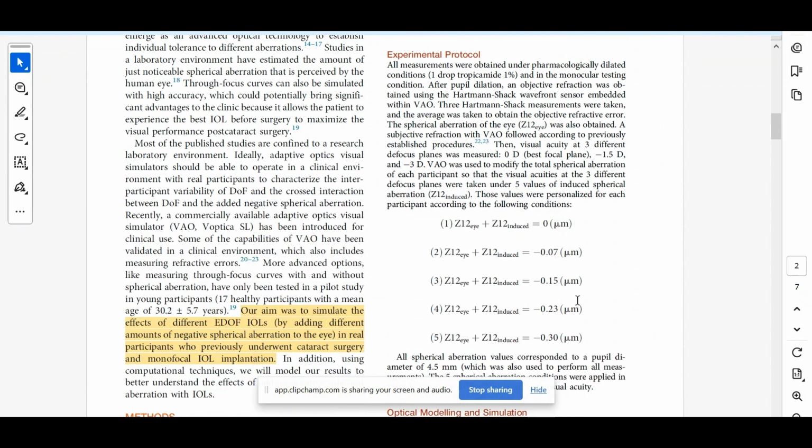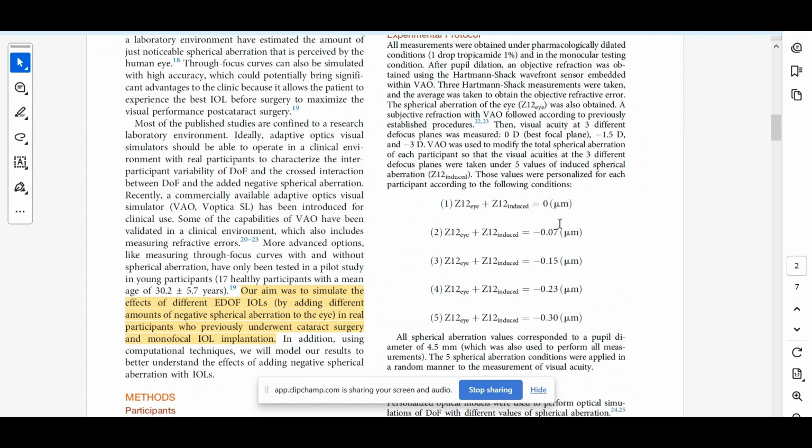So in this study, in terms of total ocular spherical aberration, they have five sets of patients, right? The first group had no spherical aberration. In the second, they induced minus 0.07, that is negative spherical aberration.